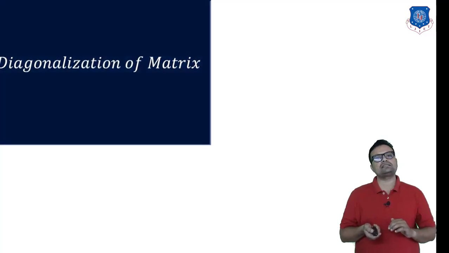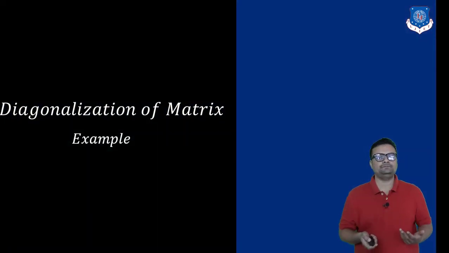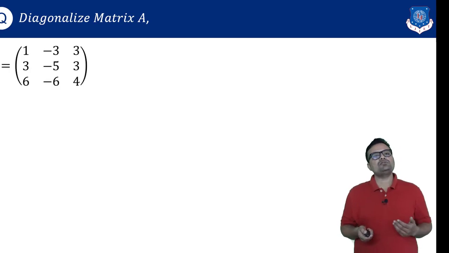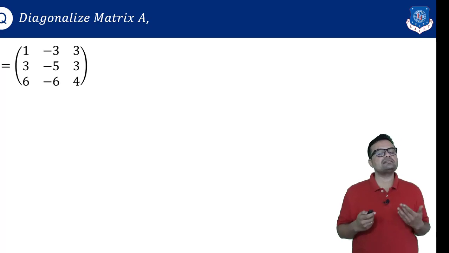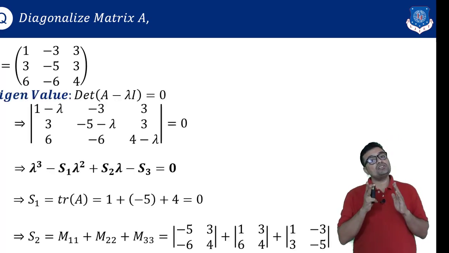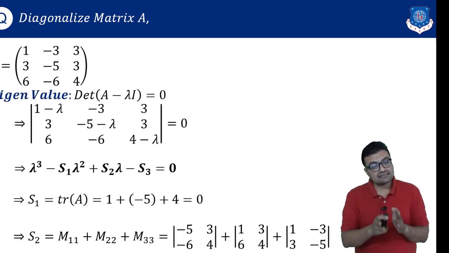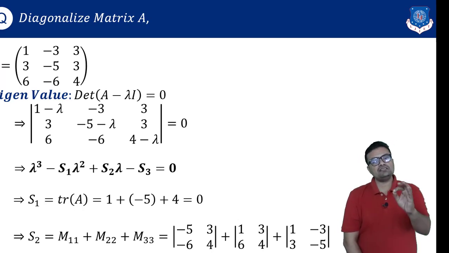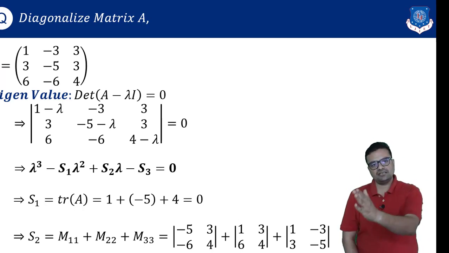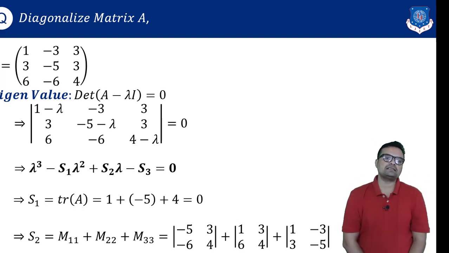Let us consider one example to make this thing more clear. Suppose I want to diagonalize this matrix: 1 3 6, minus 3 minus 5 minus 6, 3 3 4. My first objective is to check whether the necessary condition is satisfied or not. What is the necessary condition? For each and every individual eigenvalue, algebraic multiplicity is equal to geometric multiplicity.